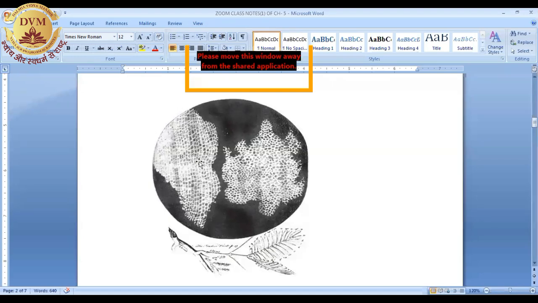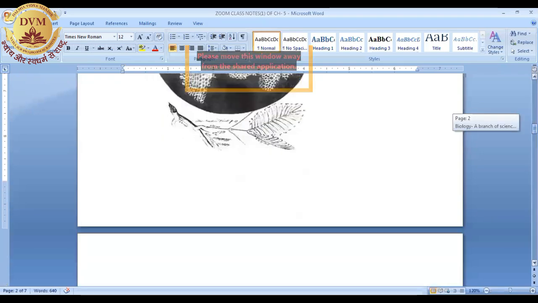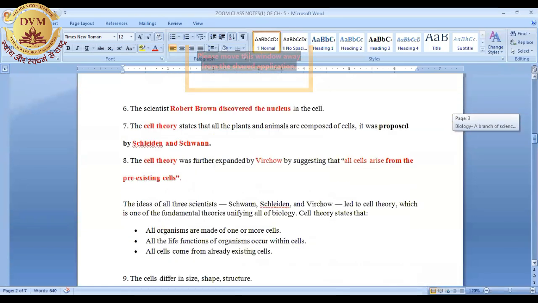That's why the name cell was given to it, right? Now, the next scientist, Robert Brown, discovered the nucleus in the cell.